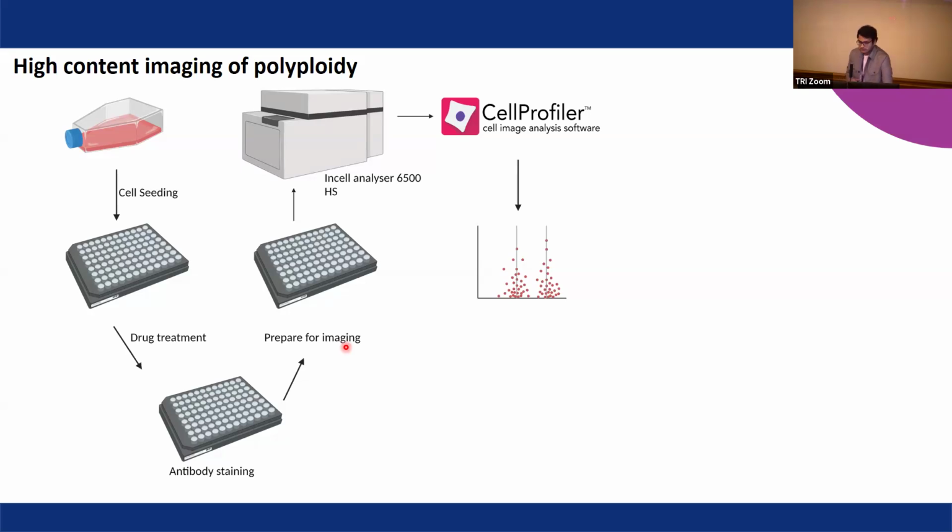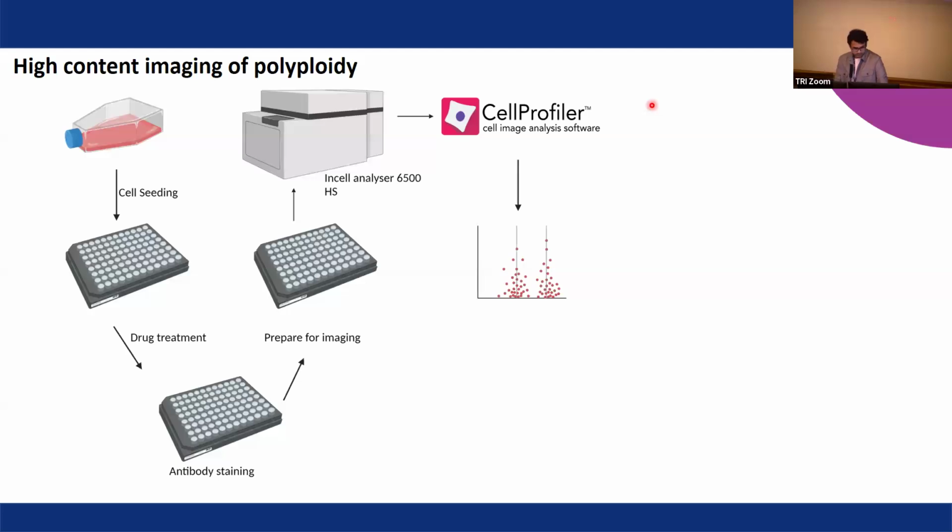Essentially, the microscope is able to, in an automated way, take multiple images, multiple fields in each well. And I work with triplicates or quadruplicates, so I can really image thousands of cells in a really short amount of time.